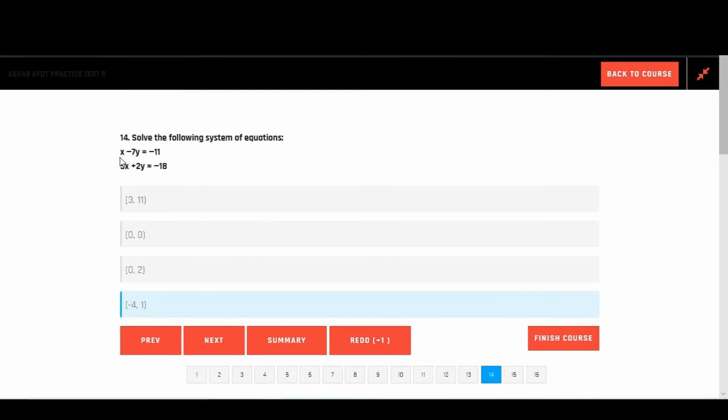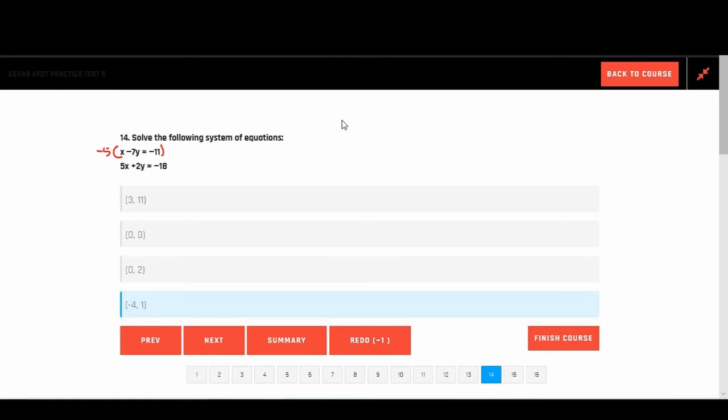In this case, I think it's going to be easier if I multiply this top equation by -5, because I know -5 plus +5 would be 0, which would just leave me with the y's, which I can then solve for the y variable.